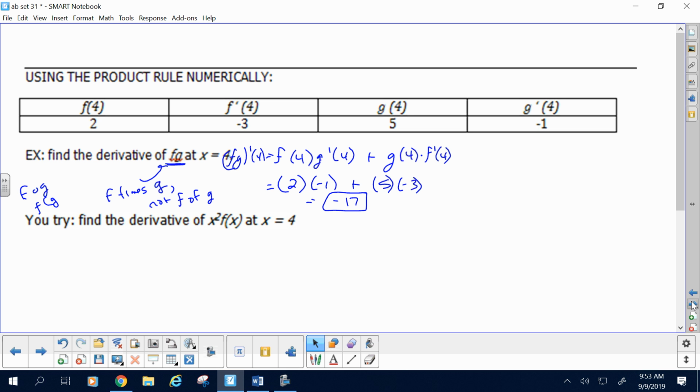That would be application right there. Right? Or not quite.